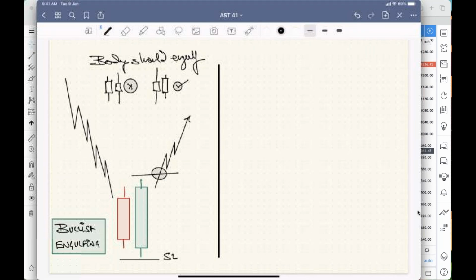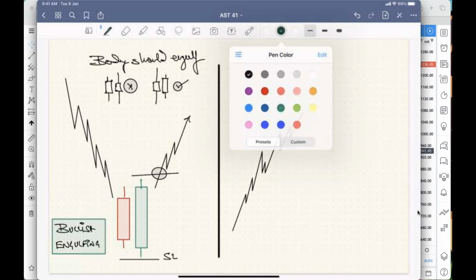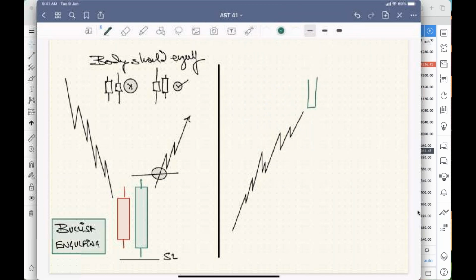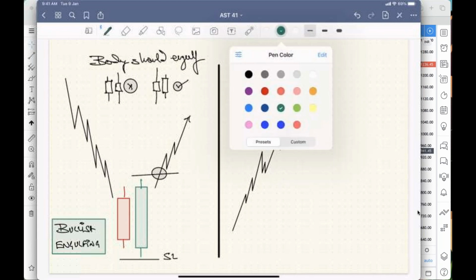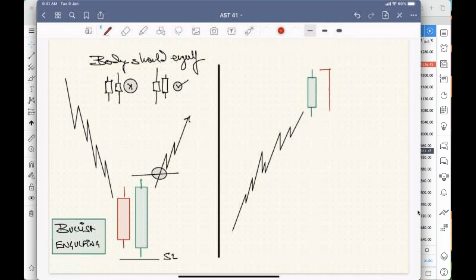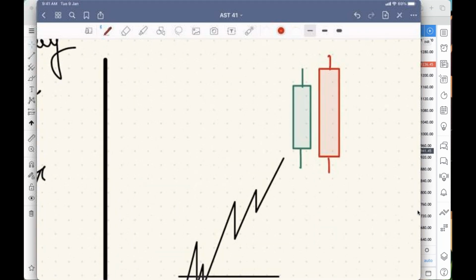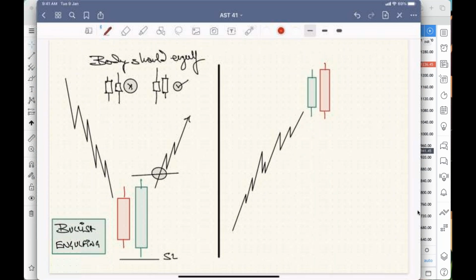The bearish engulfing will form after an uptrend. The market is in a rally mode. It's going up. Going is good. And the first day is green in color. It's a positive candlestick. But next day, it opens higher and it sells off completely and engulfs the previous day. The body of day 2 covers the entire body of day 1.